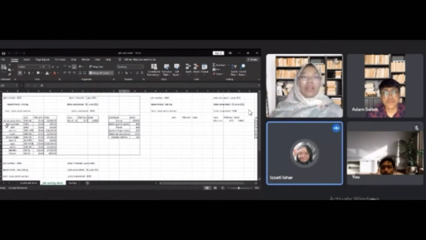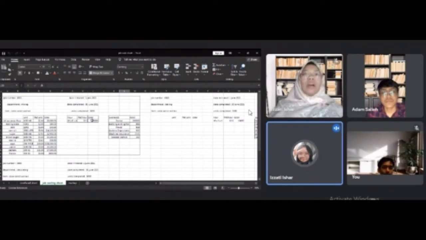This one is our direct material for this department. We have a lot of direct materials. This is the major department, since this department will be the basic of the department.